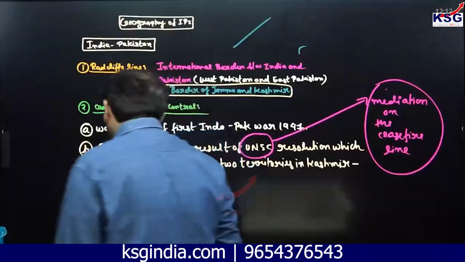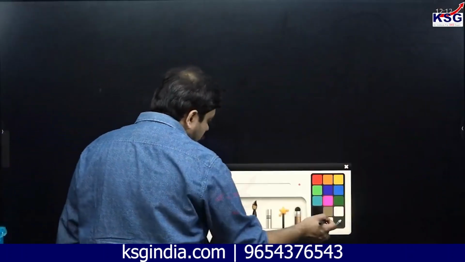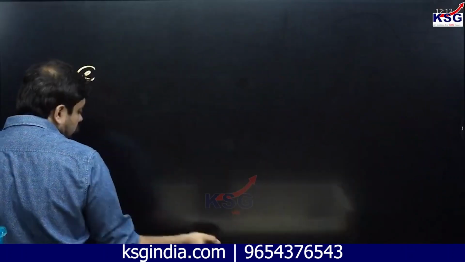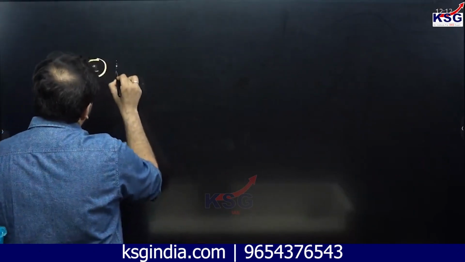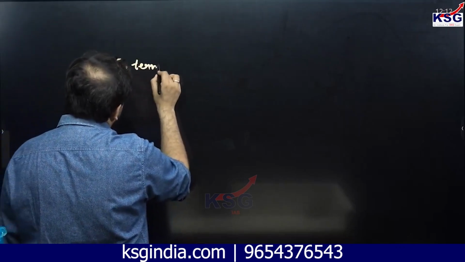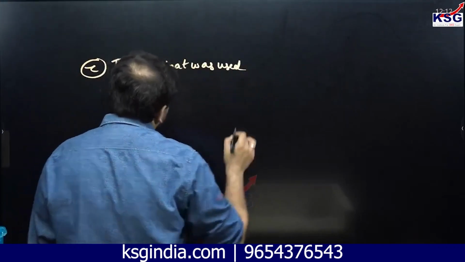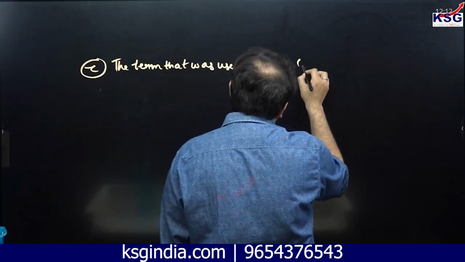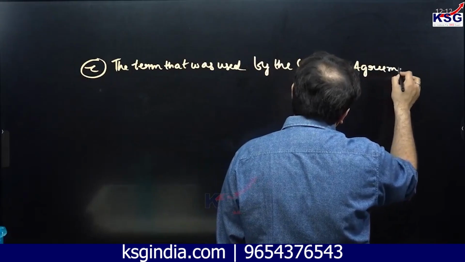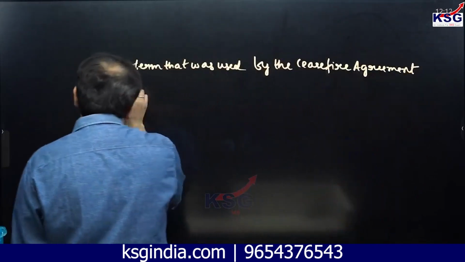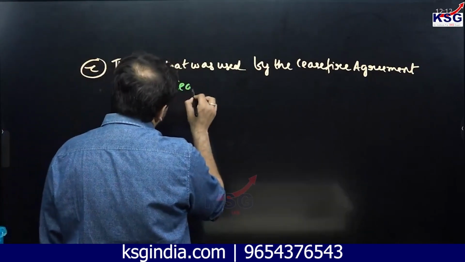Now it is to be noted very clearly and categorically, just to continue this part, point number C: the term that was used by the ceasefire agreement (1949) was the ceasefire line, right?